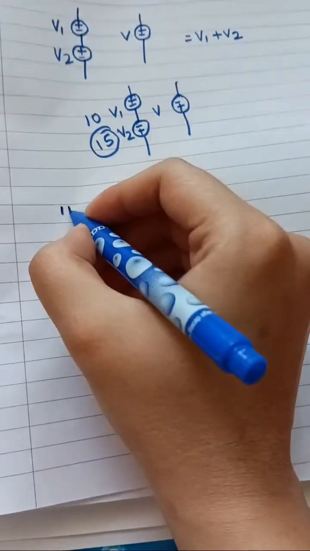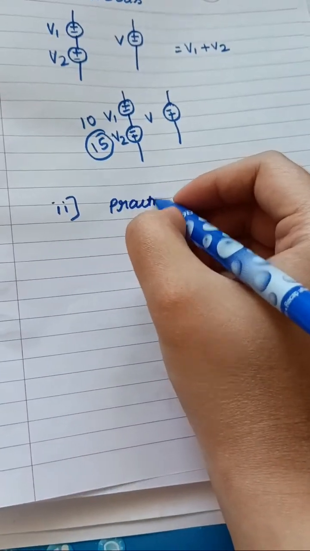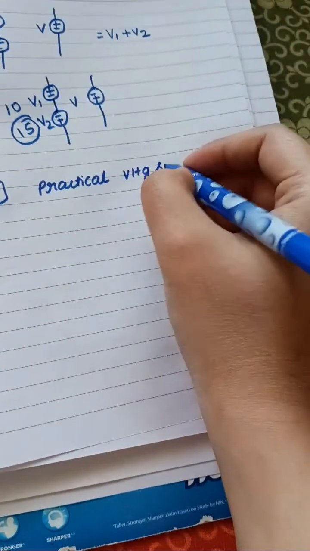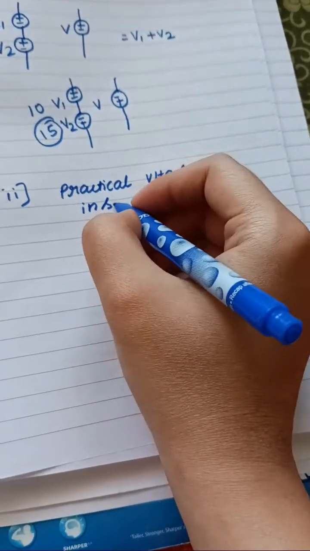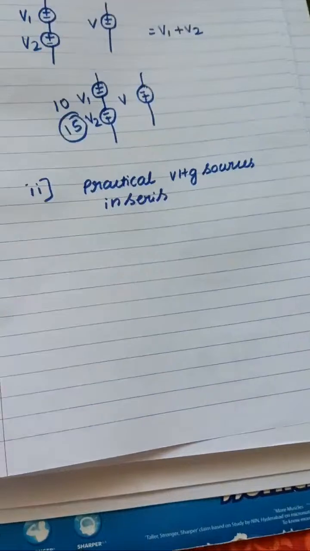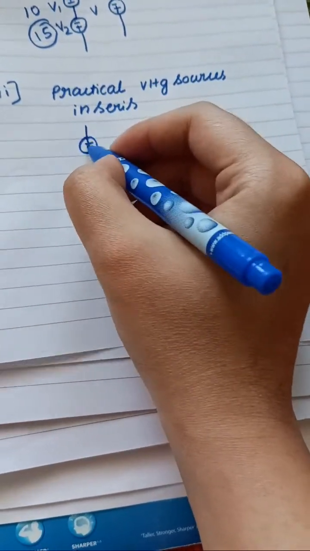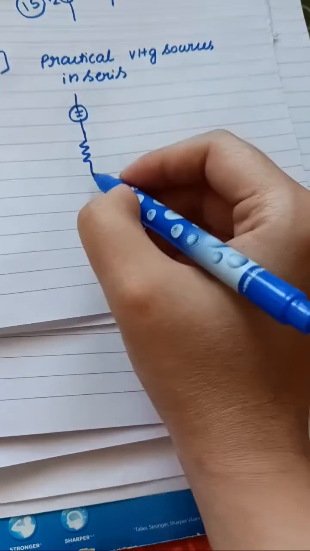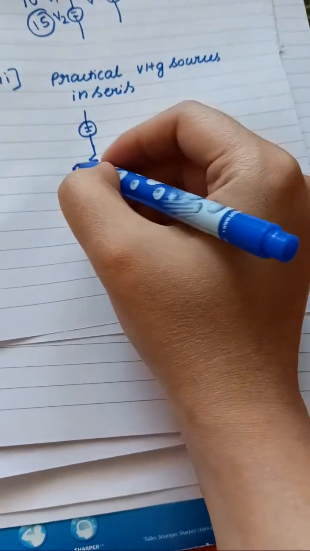Now the second thing is practical voltage sources in series. You have a voltage and a resistance, and here also a voltage and a resistance.